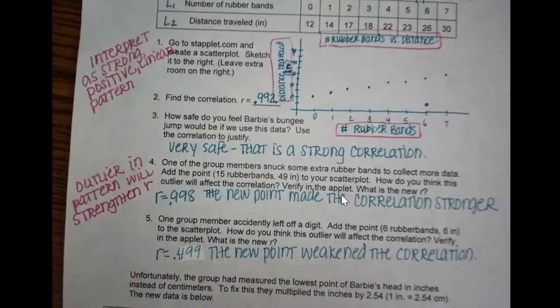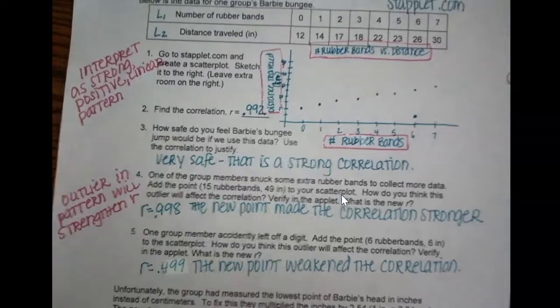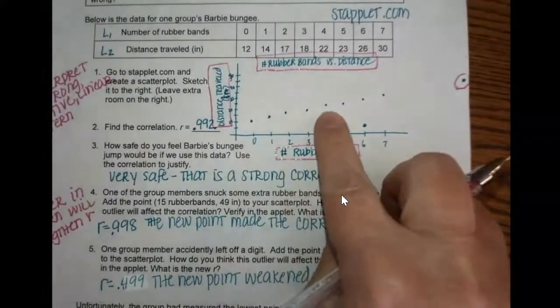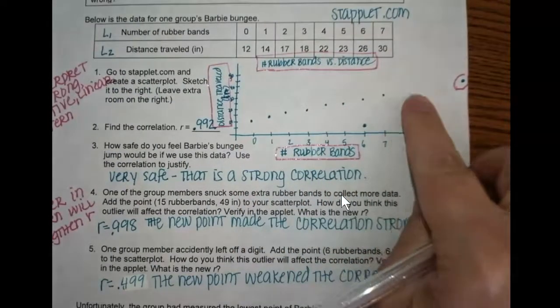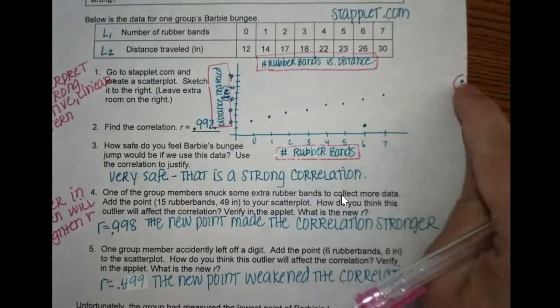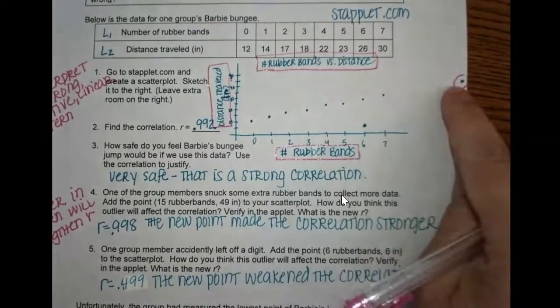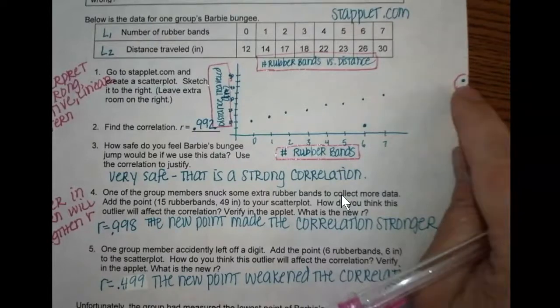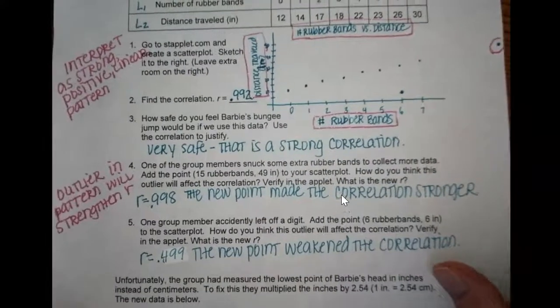So for correlation, I'm just going to write R. I've got this pattern going, and if I kept going and made my graph bigger, this falls in line of where the pattern would have gone. That's going to strengthen your correlation.